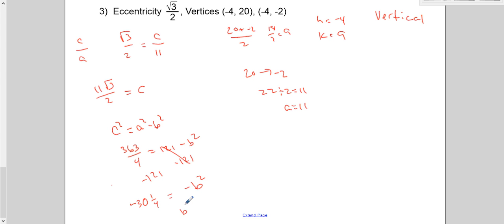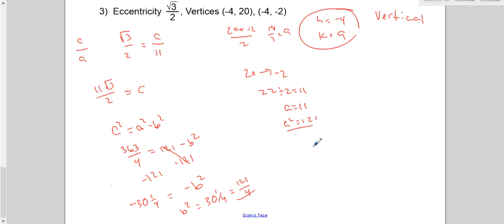So b squared equals 30 and 1/4, which is 121 over 4. So that's our b squared. a squared we know is 121. So we've got a squared, we've got b squared, we've got our h and our k. So now we're ready to write our equation.